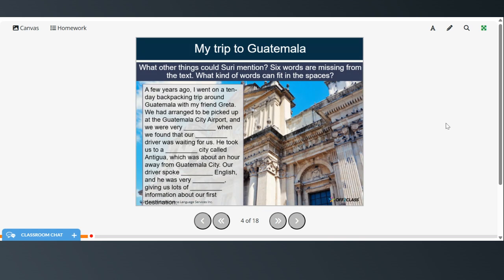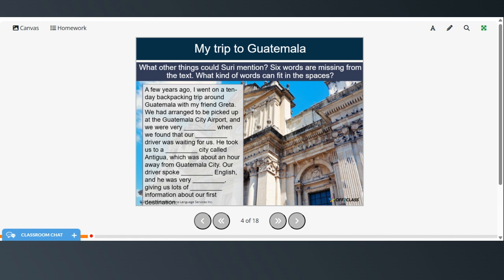Now, what other things could Suri mention? Six words are missing from the text. And what kinds of words can fit in the spaces? A few years ago, I went on a 10-day backpacking trip around Guatemala with my friend Greta. We'd arranged to be picked up at the Guatemala City airport, and we were very blank when we found out that our blank driver was waiting for us.